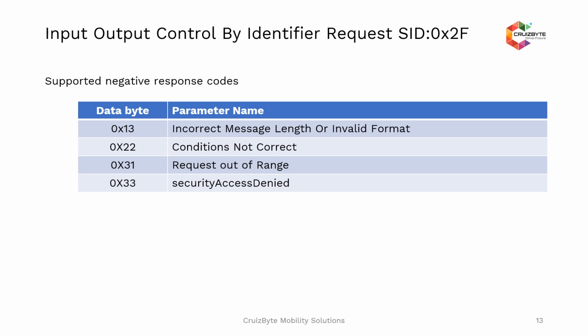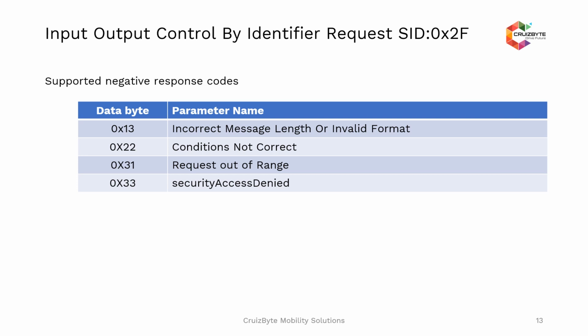Then the other possibility is that the value contained in the parameter which controls a particular actuator is not correct. For example, we are controlling a solenoid valve which has a range of 0 to 100 percent. If you are sending a value greater than 100 or less than 0, then the requested value is out of range, and it sends an NRC.